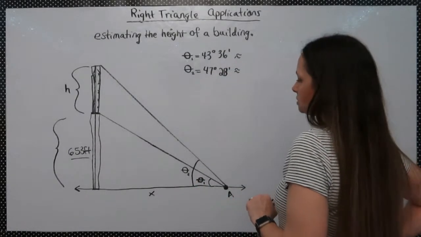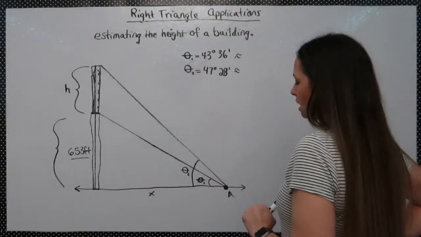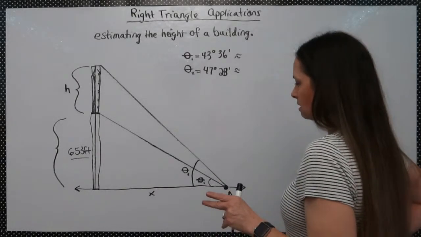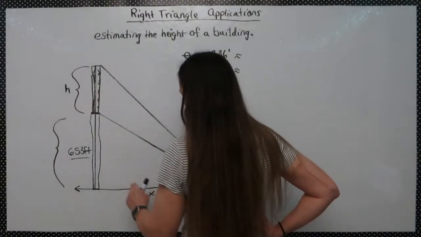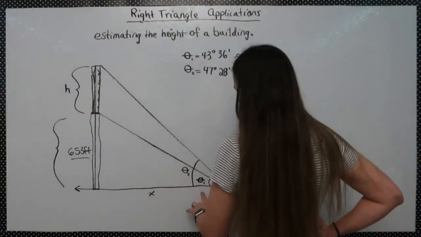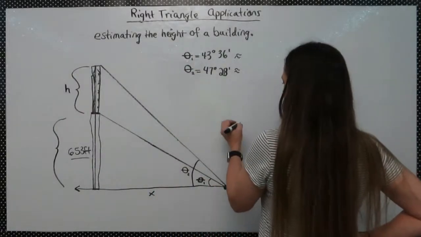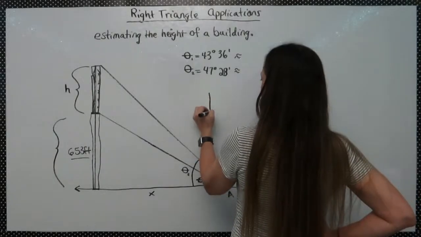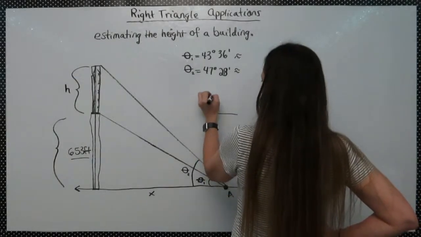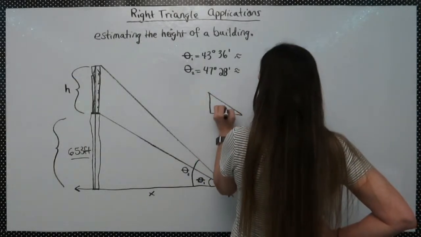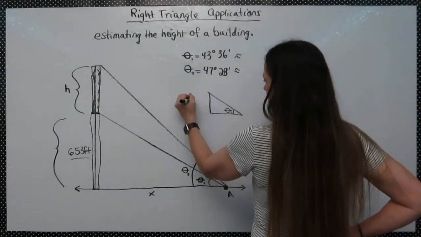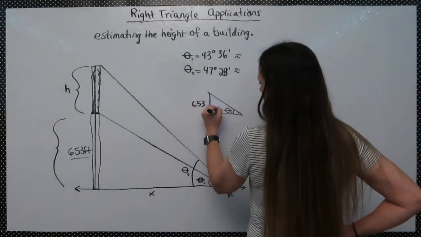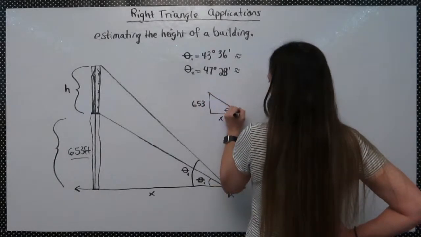All right, so my first equation I'm going to set up is going to be involving an opposite over adjacent for the smaller triangle. So let me just draw the smaller triangle and show you what I'm talking about. So we've got theta sub 1, and we've got 653 and x. And we don't need to know this distance.